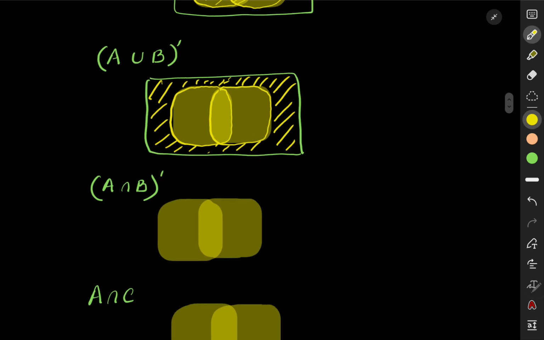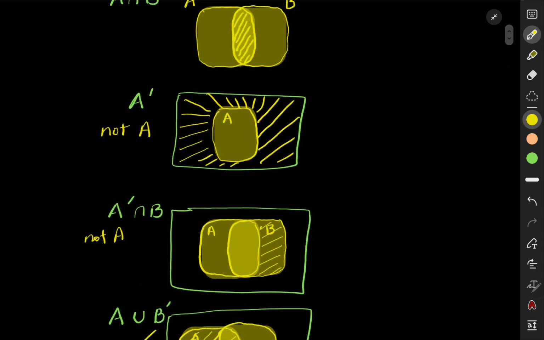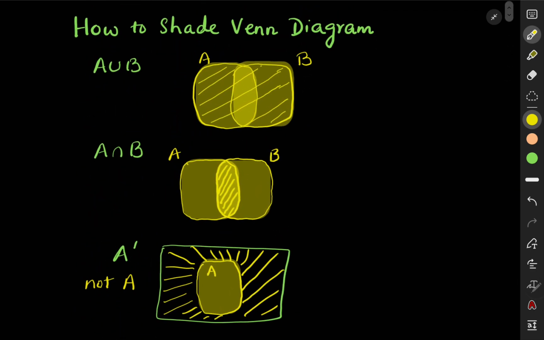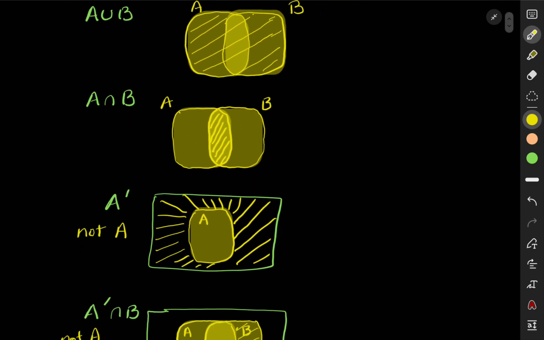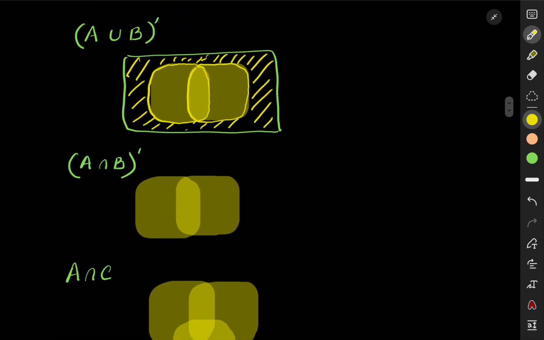Now A intersection B complement. In the same way, A intersection B is only the region which is common between A and B. So in this example, we do not shade the area which is overlapped.